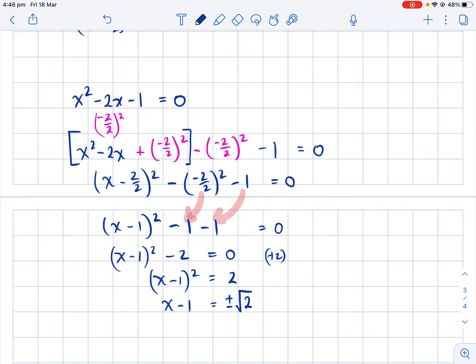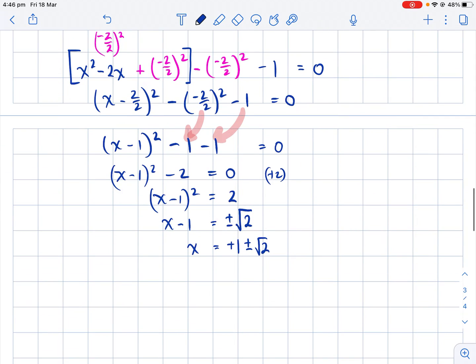And then finally, I'm going to add 1 to both sides. And to make it look a bit neater, I'm going to put that +1 in front of the plus or minus √2. So here are my 2 solutions to x. They are 1 plus √2 and 1 minus √2. Completed the square and solved.